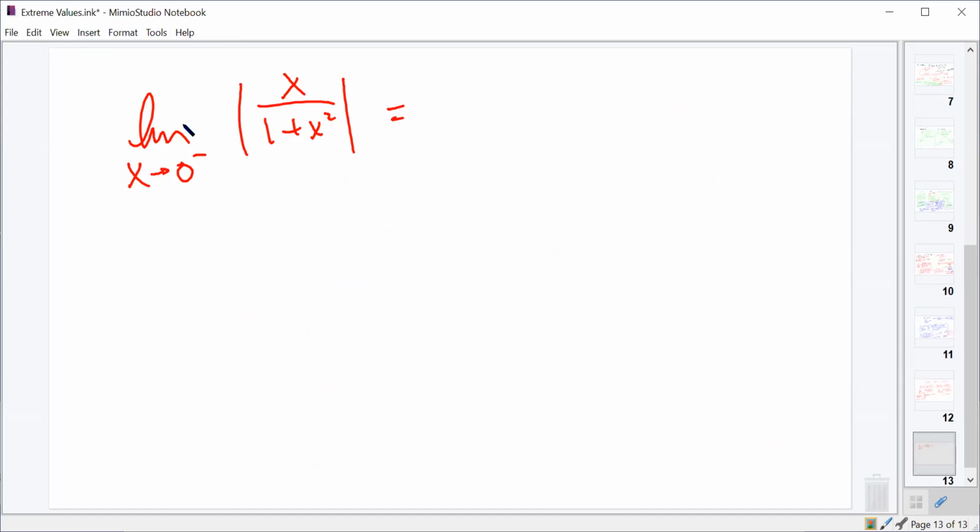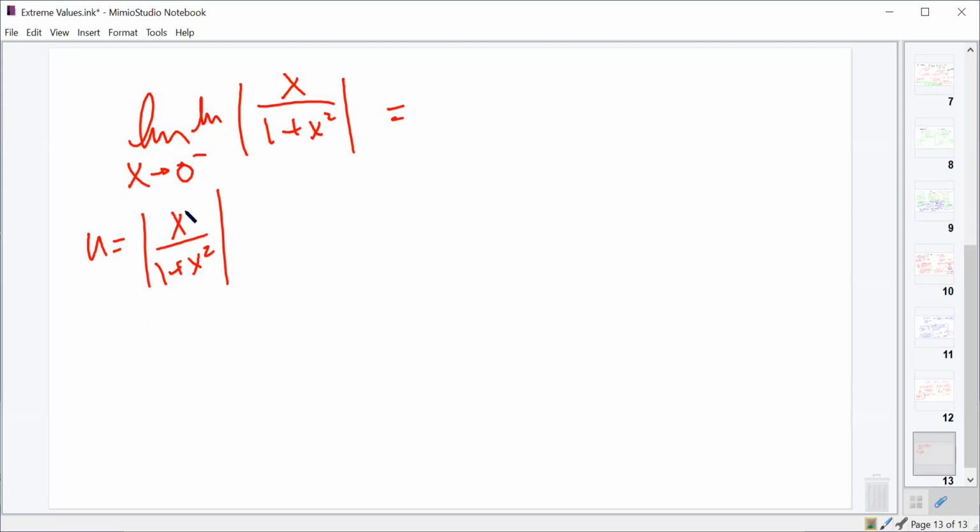Can I take, I'm sorry, from a natural log? That will probably affect your answer. Does it not exist? So right, this is again non-existent, but the question is, is it infinity or negative infinity? So let's do this same substitution. Let u equal the absolute value of x over 1 plus x squared.